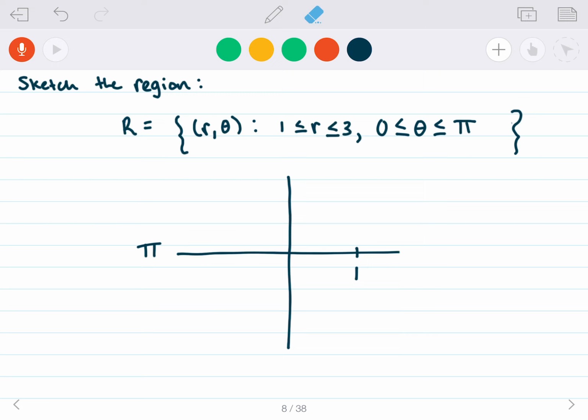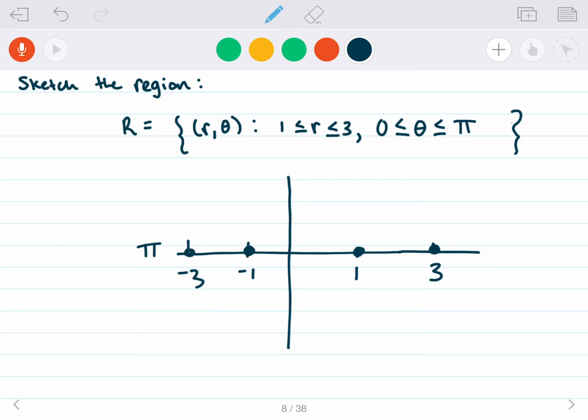So maybe I'll extend this a little bit to 3. And here's negative 1, negative 3. All right, so we're starting at 1, and we're going to 3 with our radius.